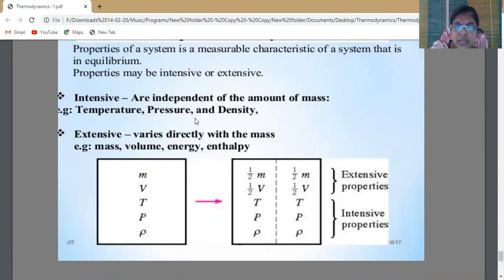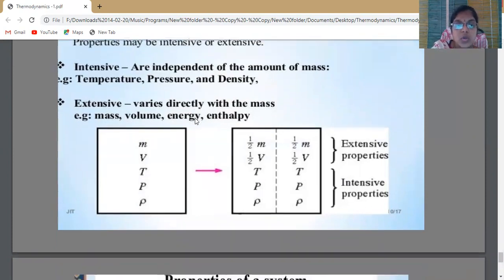Where the terms are divided is known as extensive properties. Where the terms are not divided is nothing but intensive properties. I hope you understand, students.